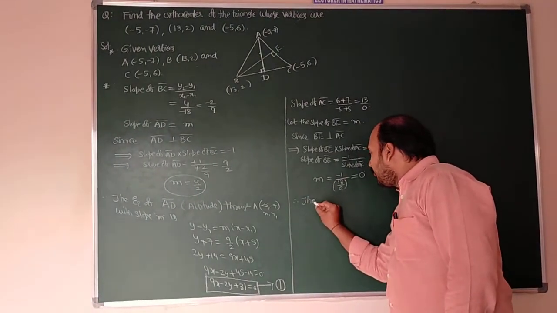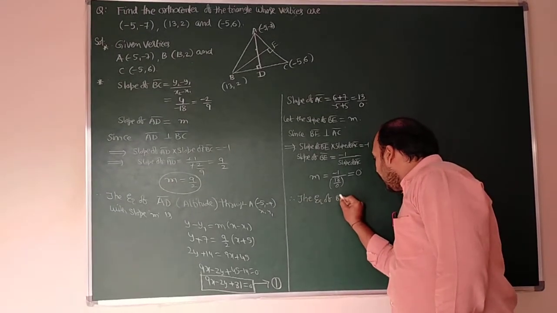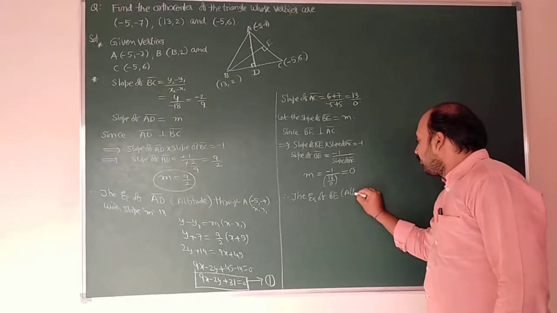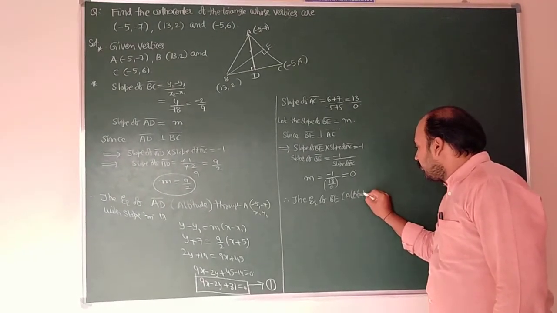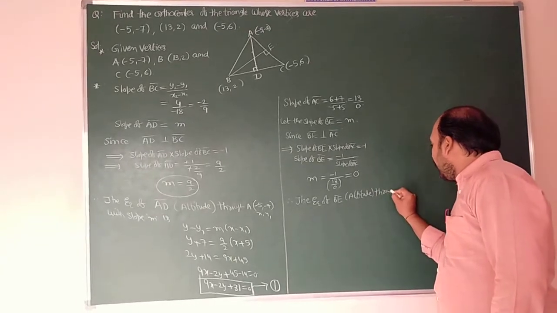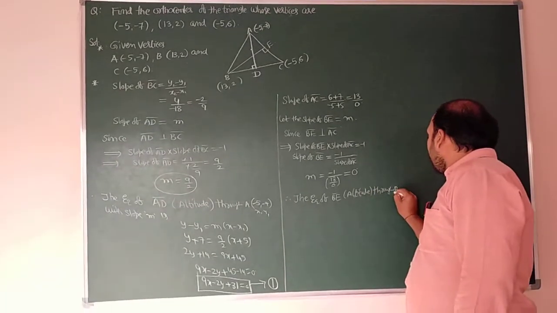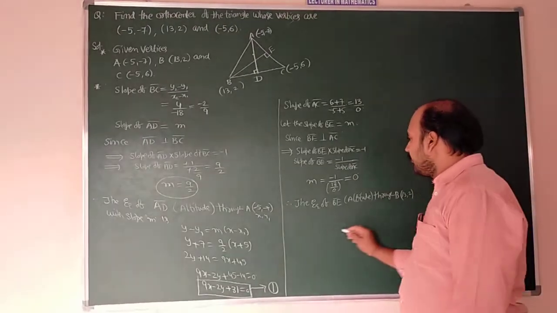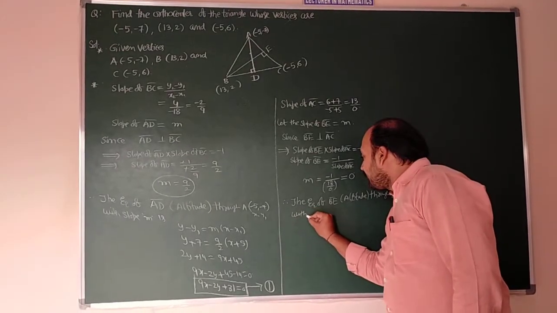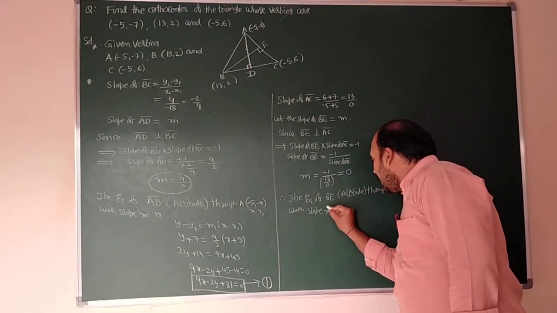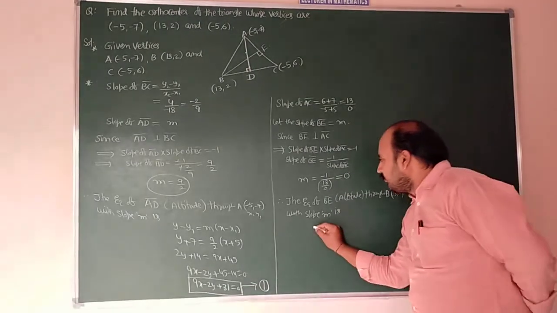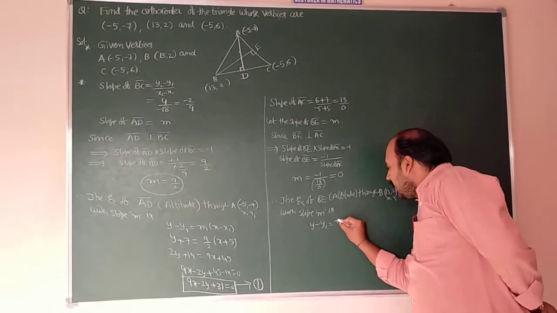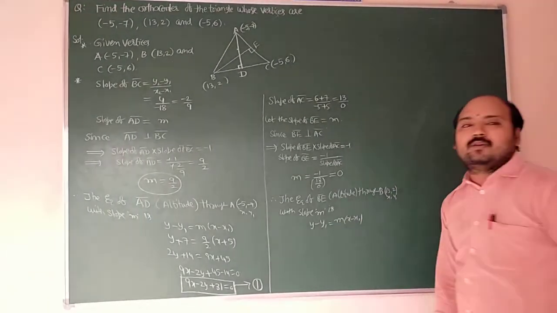Therefore, the equation of BE, altitude through B, of which point is 13 comma 2, with slope m is y minus y1 equal to m into x minus x1, where this is x1, y1.